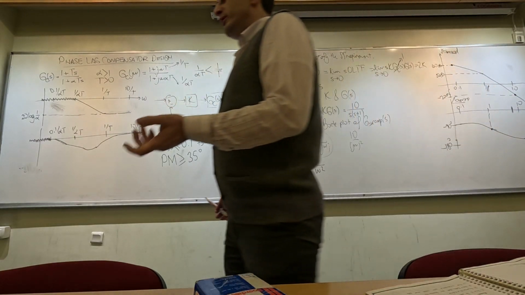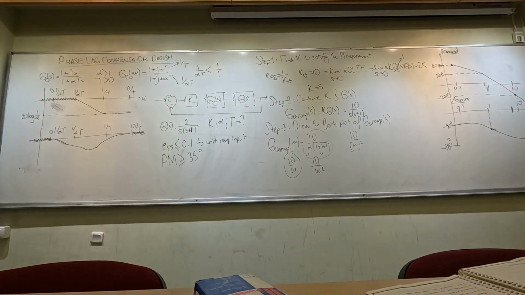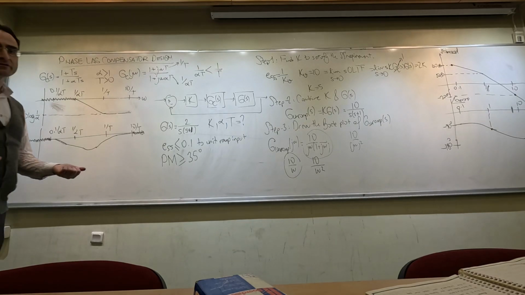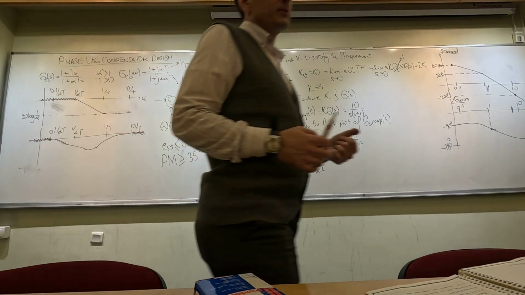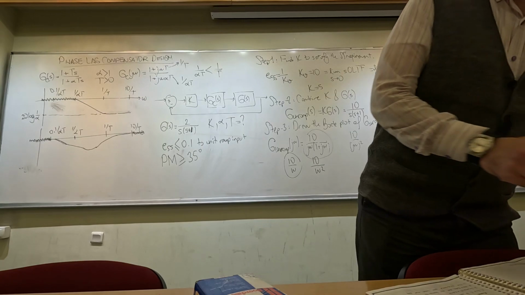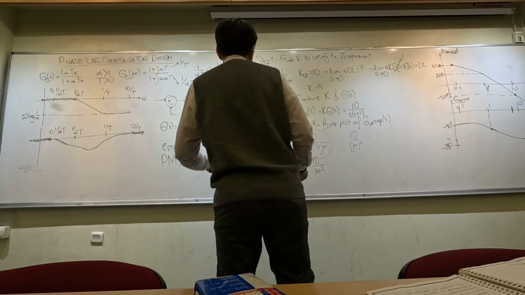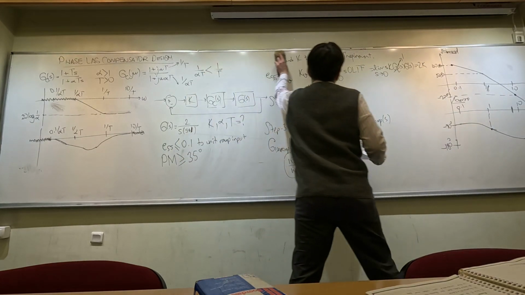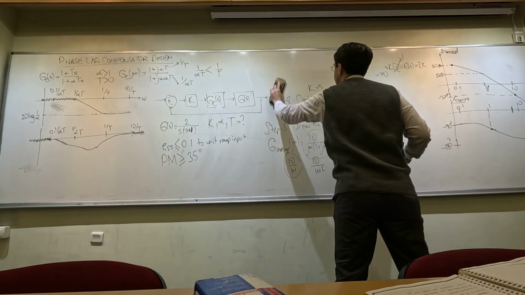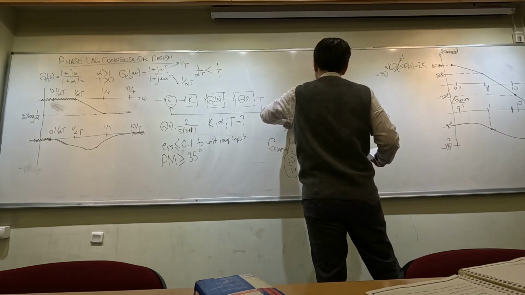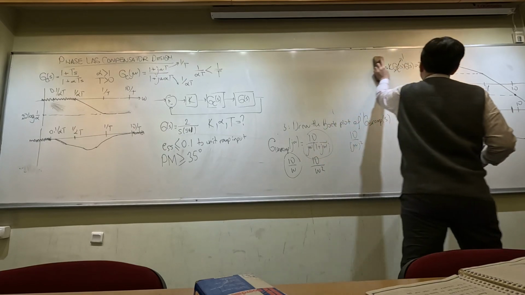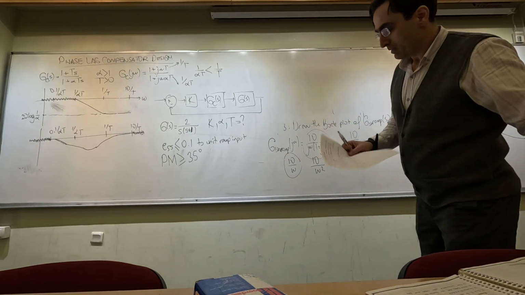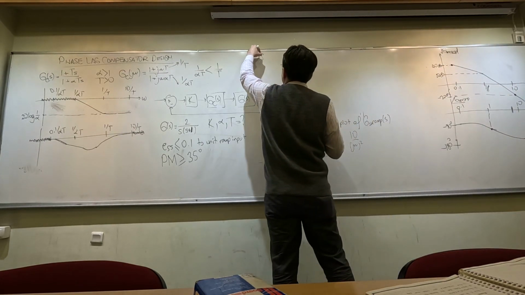As I told you over and over, this is the same thing that I have done already for phase lead compensator design. Now the steps are going to start differing from phase lead compensator. So now let me say step 4.